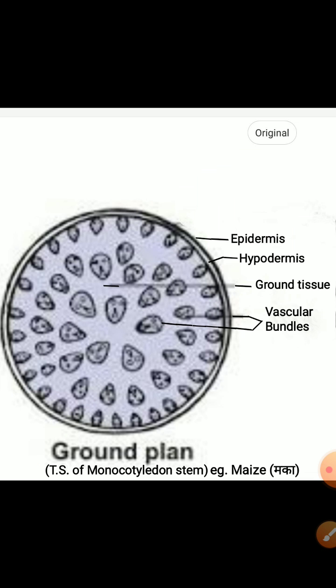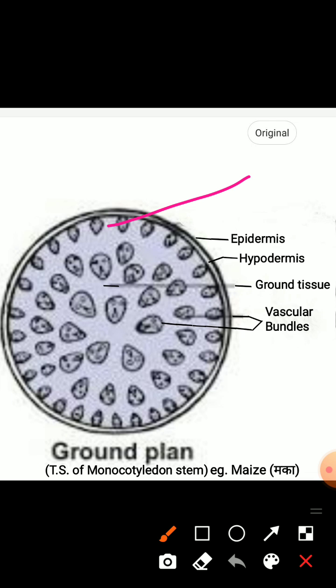And besides this, the vascular bundles show one more feature. The vascular bundles toward the peripheral region, that is the outer region of the stem, are smaller in size and more crowded towards the periphery, the outer part of the circular stem.